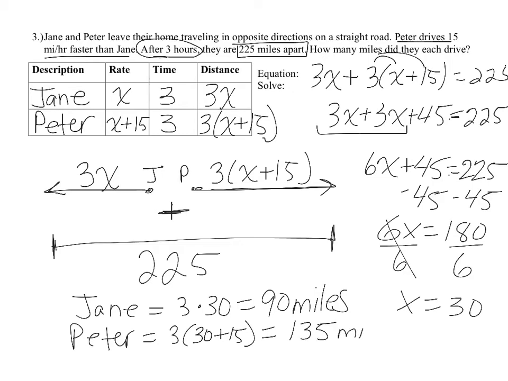And so Peter traveled for 135 miles. This right here is the answer to the question. Jane traveled 90 miles, Peter traveled 135 miles, and the way to quickly check it is we said that together they traveled 225. So if you add 90 plus 135 together, you should get 225, and I do.